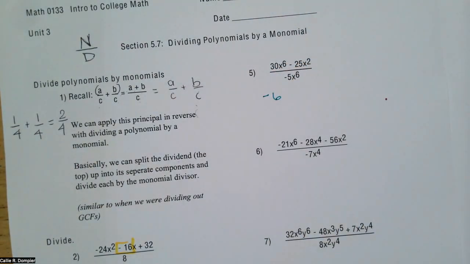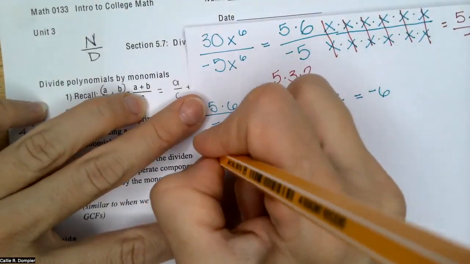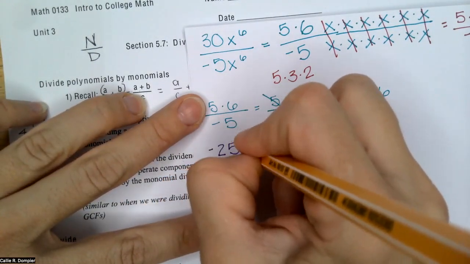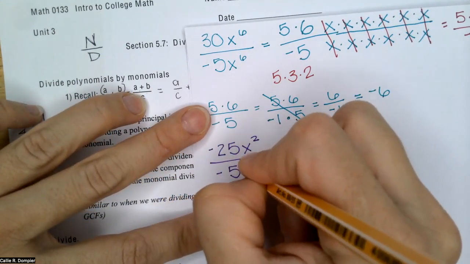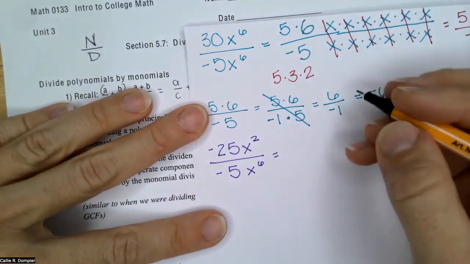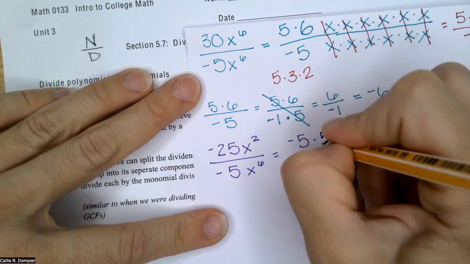Good. Now we have -25 x squared divided by -5 x to the 6. Negative 25 is the product of negative 5 and positive 5, right?